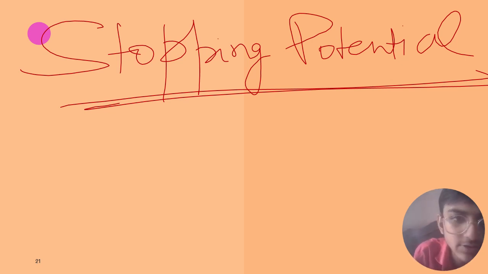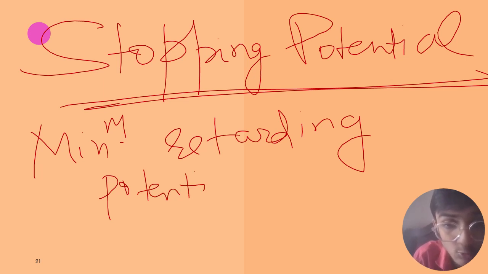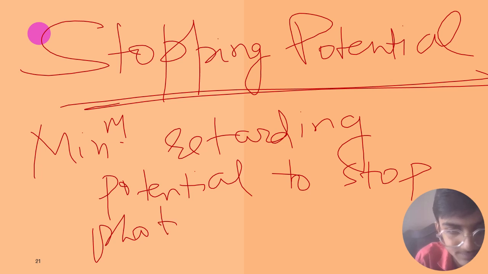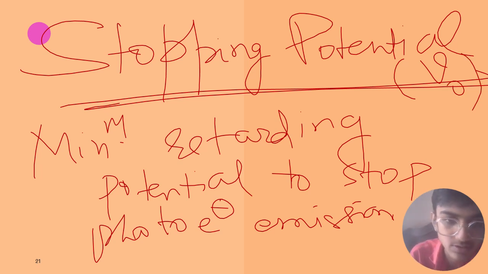So it is the minimum retarding potential, as the name suggests, stopping potential, the minimum retarding potential to stop photoelectric emission, and it is denoted by V naught, not mu naught, it is V naught. Okay, that is stopping potential. There is a minimum retarding potential that is required to stop photoelectric emission.